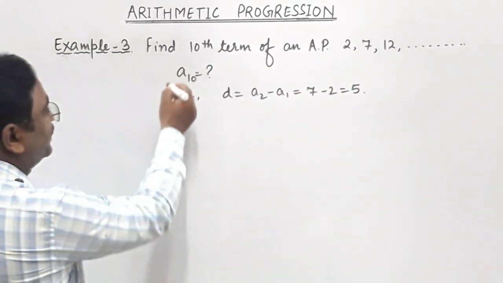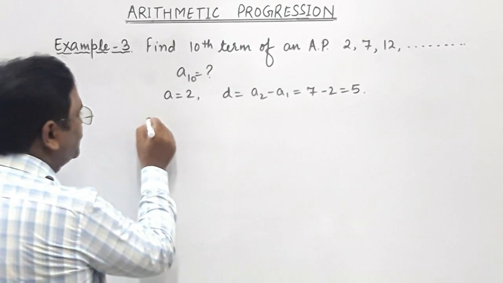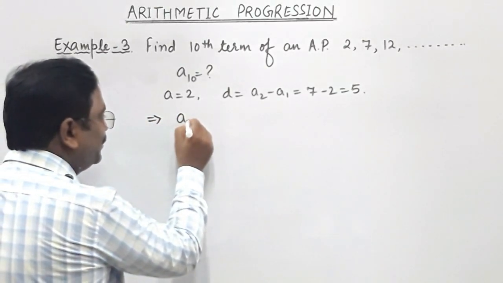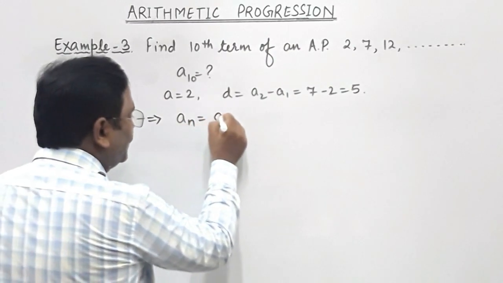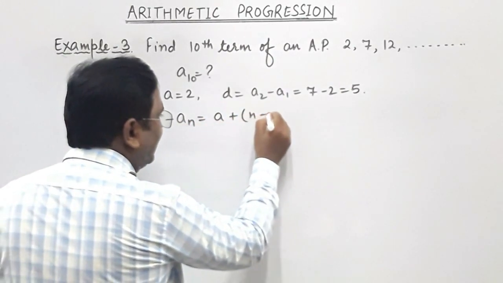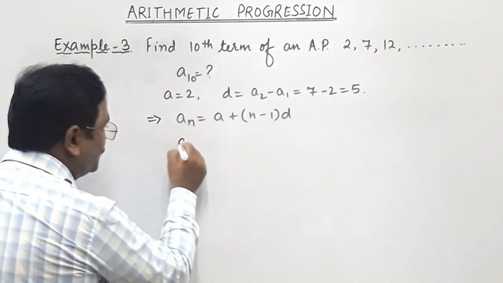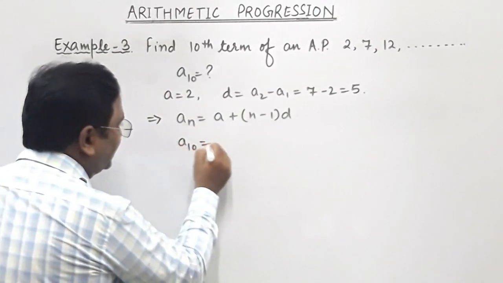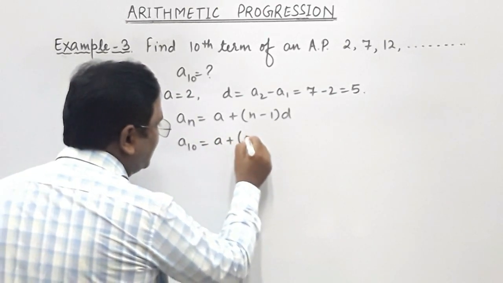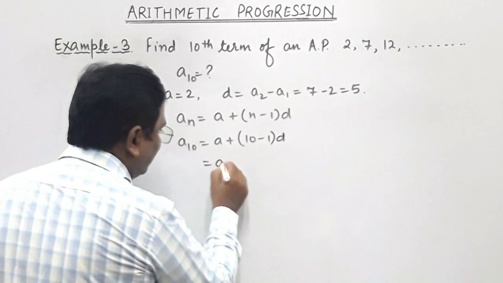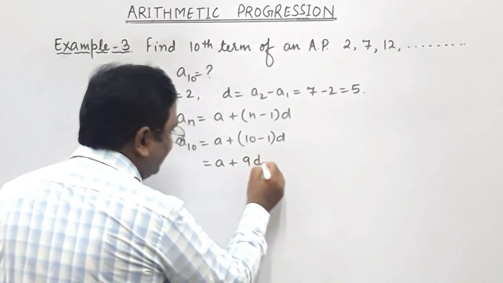Let us find the required number, which is the 10th term of this series. As we know, a_n equals a plus (n minus 1) into d. With the help of this formula, a_10 can be written as a plus (10 minus 1) into d. It means it can be written as a plus 9d.